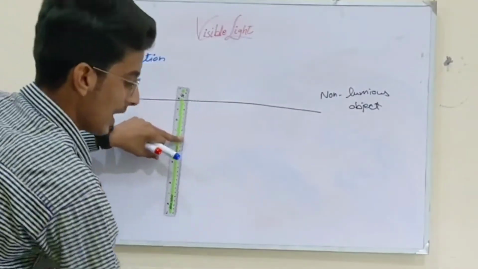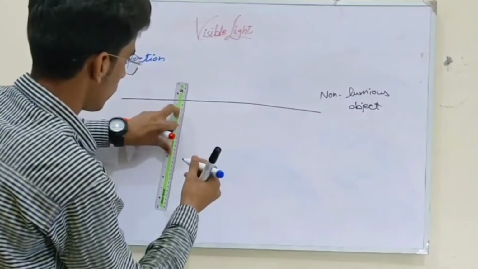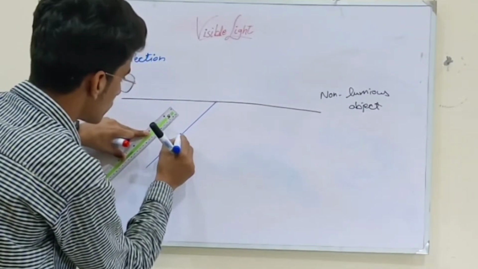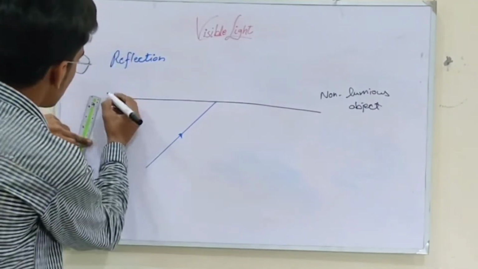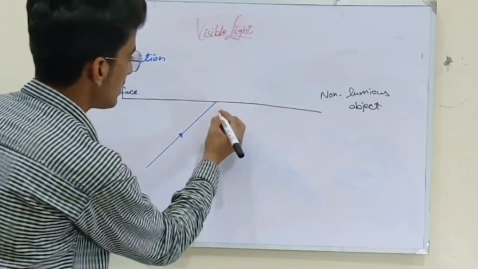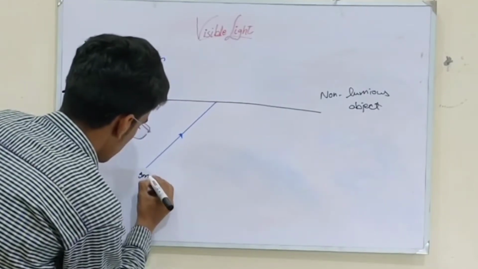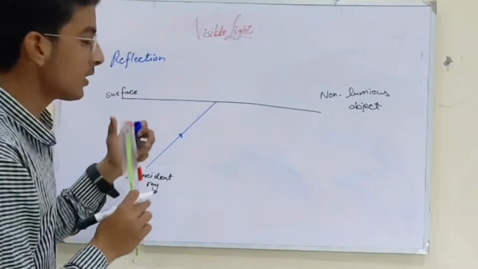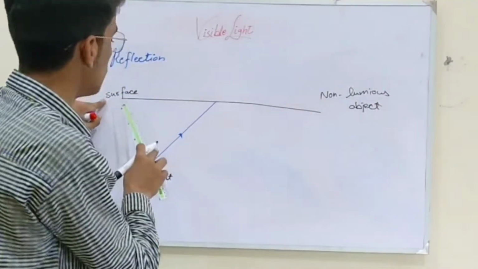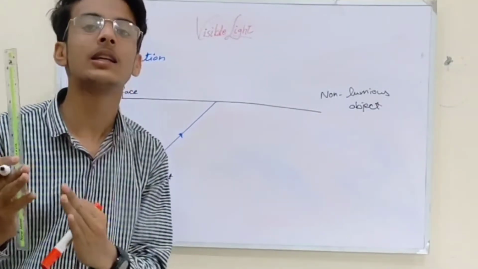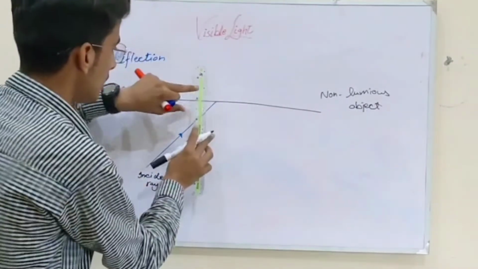Suppose this is one ray incident on the surface, and this is the incident ray. First of all, you have to draw the normal. What is normal? Normal is the line which is 90 degrees to the surface.